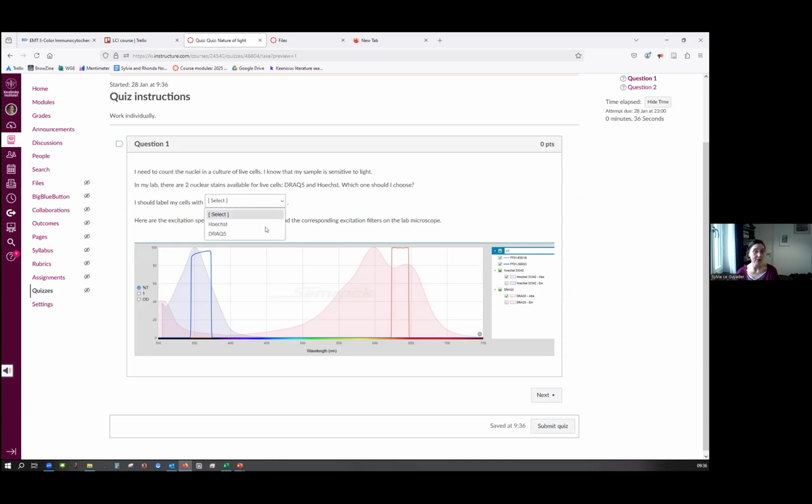You can pick Hoechst or DRAQ5. These are the excitation spectra: the pink one is DRAQ5, and the blue one is Hoechst. You can see the wavelength here, and the filters that we are going to use. So please let me know, would you choose Hoechst or DRAQ5?